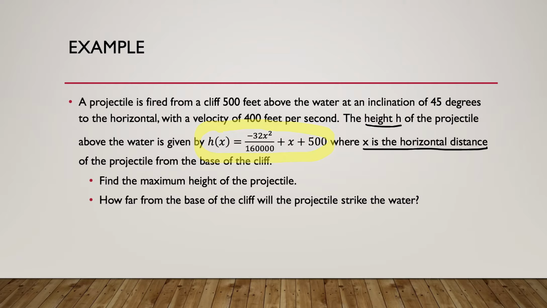So a negative a value means that the parabola will open down. Okay, and it's asking us to find the maximum height. So keeping in mind that your vertex will also be a maximum for this particular problem.